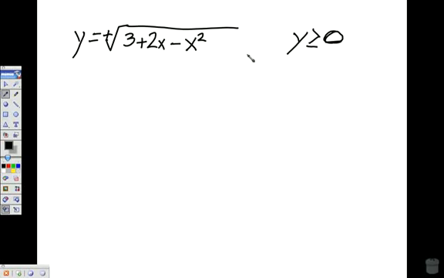All right. Now, what does this graph look like? Here's a way we can find out. I'm going to square both sides to get rid of my square root. And I'm going to write the terms in the opposite order here, just to put the x squared first, the way we're more used to seeing it.